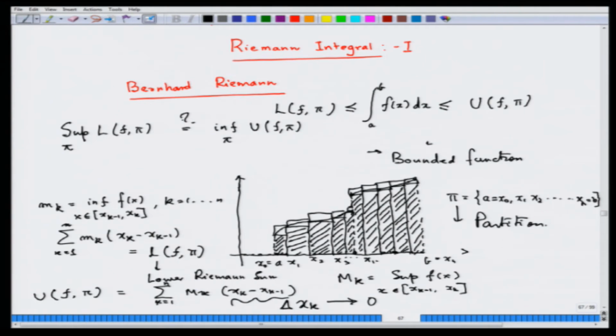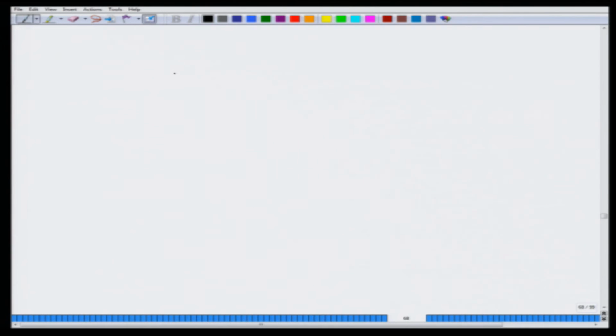Of course, if you look at this inequality, it will always hold. But if the supremum over pi of L f pi is equal to the infimum over pi of U f pi, then we say the Riemann integral exists.